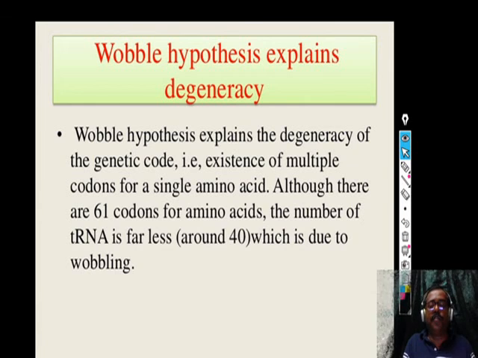For this it is very important for wobbling to occur, because there are 61 codons and only 40 tRNA anticodons. So the number of tRNA is limited. That's why this wobbling helps in the degeneracy of genetic code.